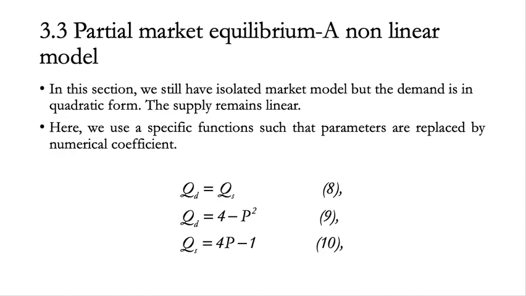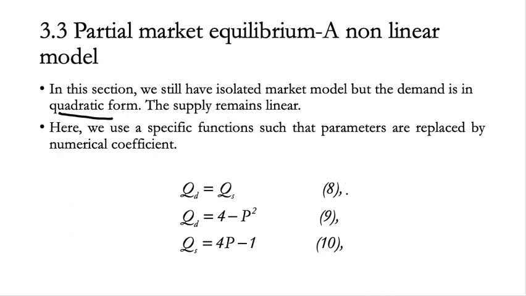So here, let's look at the same analysis, partial market equilibrium, but this time using a nonlinear model. We still have an isolated model for the market, but because it is nonlinear, we opt for the simplest form of nonlinear function, that is a quadratic function for the demand curve. But the supply remains linear, so that the analysis becomes a bit easier to do.